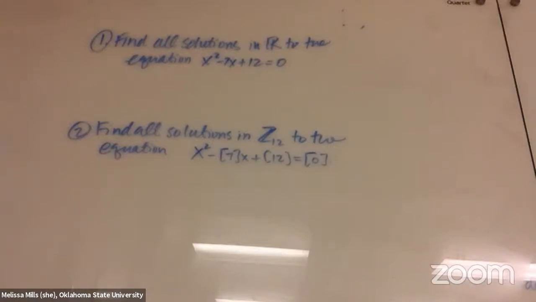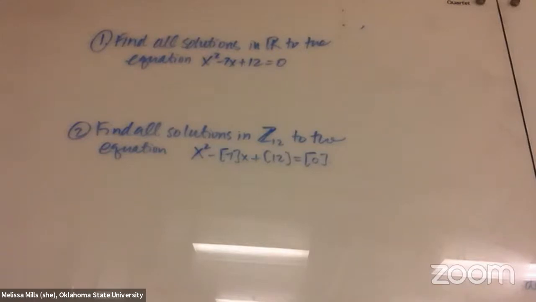What else? 0 and 7. Any others that work in there? Did you check them all? Yeah, and so what are we seeing?